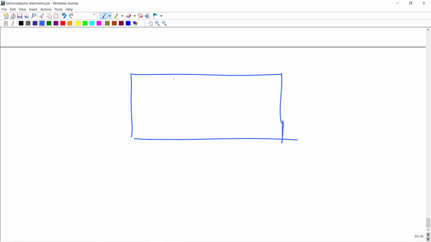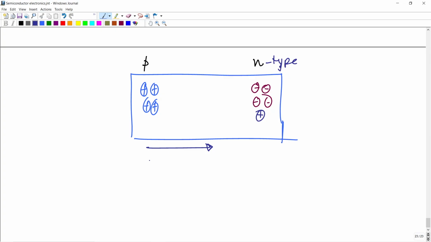So here you get a huge number of holes, and here a huge number of electrons, because that's the P type and that's the N type. These holes diffuse towards N type, because hole is a minority there. So holes diffuse in the P to N direction.